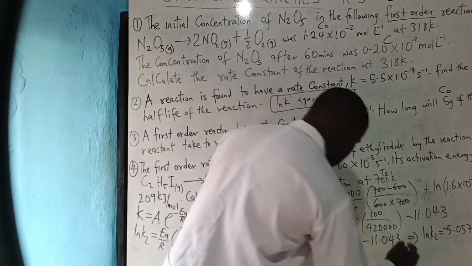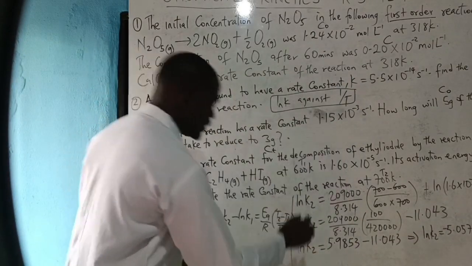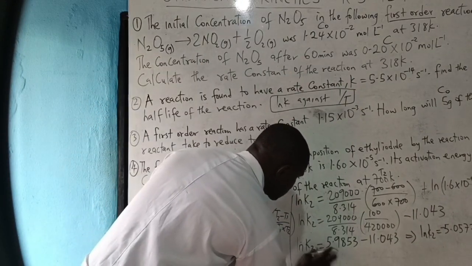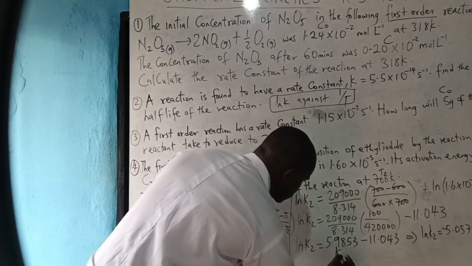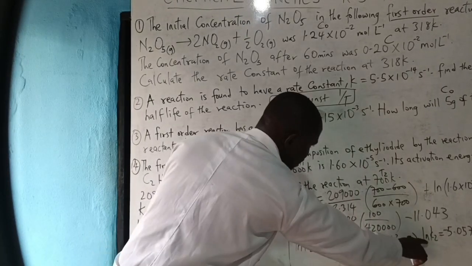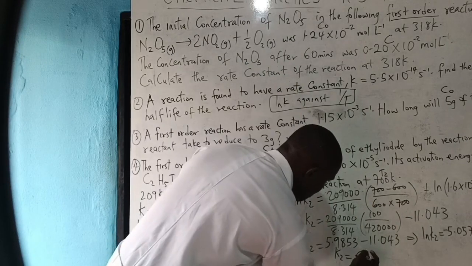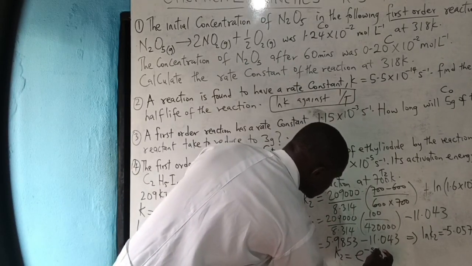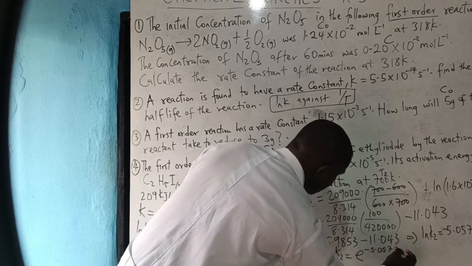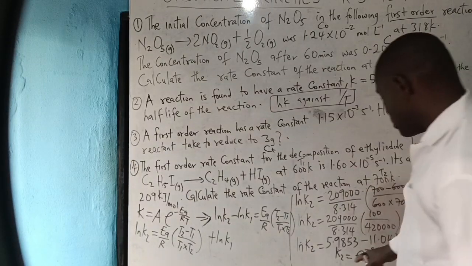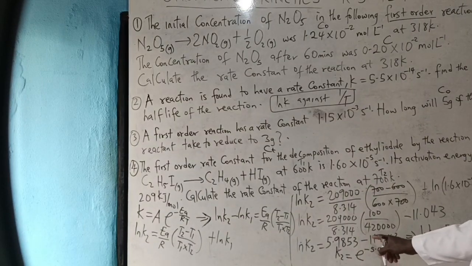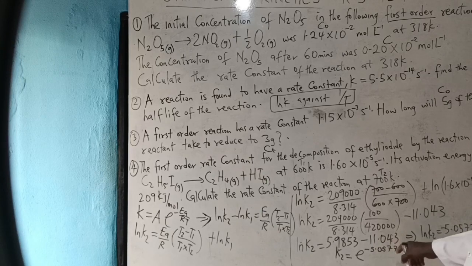Then, since our ln k2 is this, what is our k2? k2 will be equal to exponential, because you are dealing with ln, you use exponential, minus 5.0577. k2 equals exponential raised to the power of minus 5.0577.